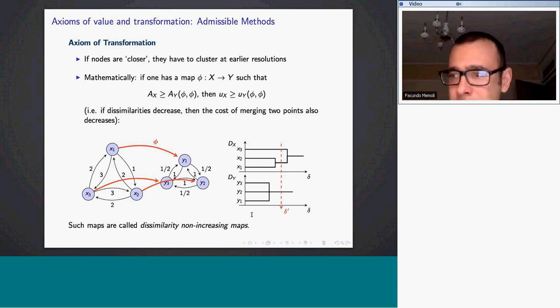We also considered the axiom of transformation.